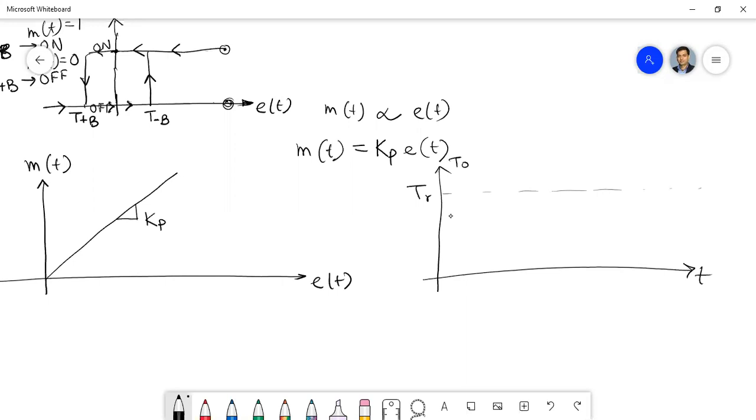Here the MT is proportional to ET. বলতে পারবে কেউ এখানে আমার আউটপুট টেম্পারেচারটা কিভাবে ভ্যারি করবে? Anyone? You have already studied this thing in control system, so therefore I can ask you.